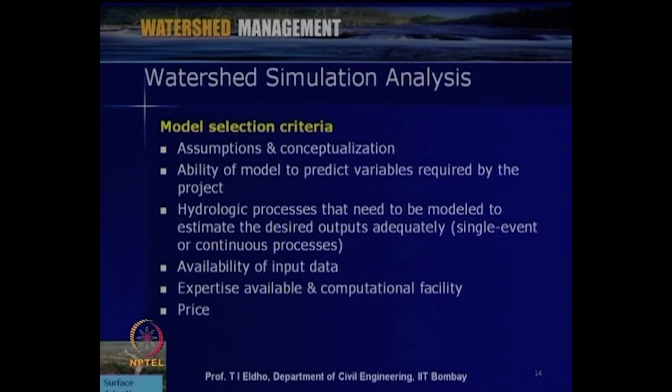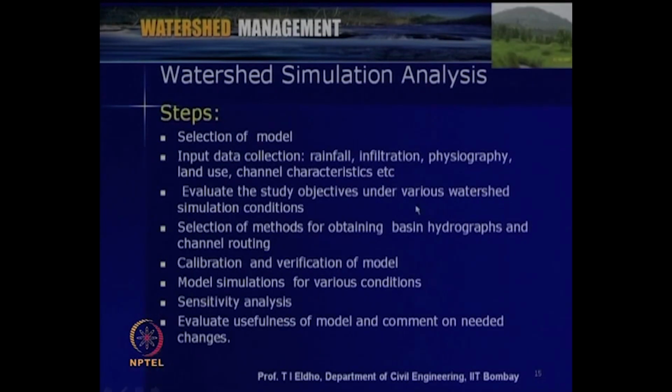And then of course, we have to see whether a good modeler, an expert, is available, and if we are going for a computational model, then we have to see the computational facility, and then what is the cost which we can pay for that particular modeling. If we are going to choose a software, or if we are going to hire an expert, then what is the price which we may have to pay. So, these are some of the important selection criteria when we look for a watershed model in the case of watershed simulation.